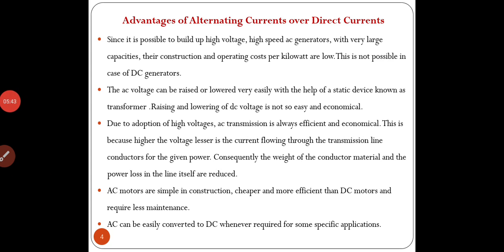Due to adoption of high voltages, AC transmission is always efficient and economical. This is because the higher the voltage, the lesser is the current flowing through the transmission line conductor for the given power. Consequently, the weight of the conductor material and the power loss in the line itself are reduced.